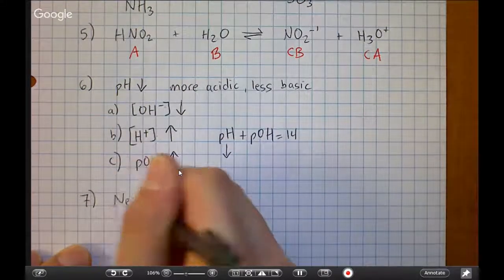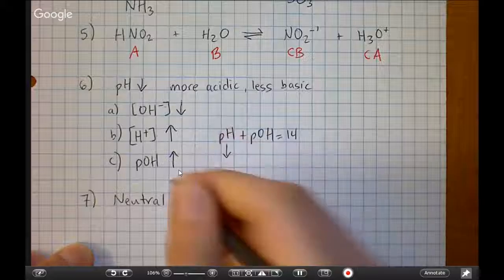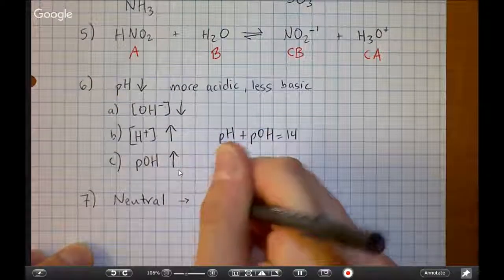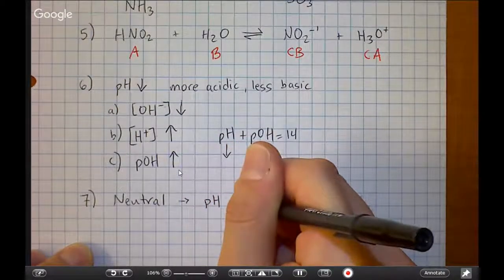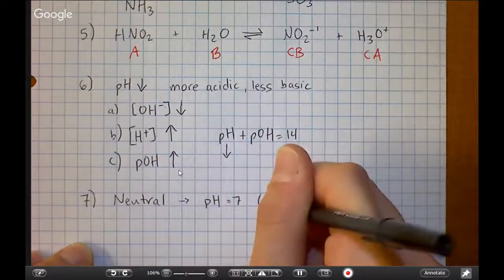So the neutral, we're saying that pH is, I'll say it's 7, which means it's in the middle, right?